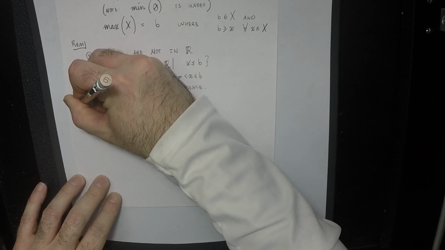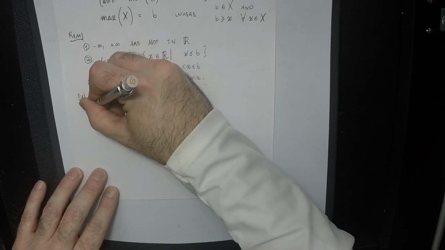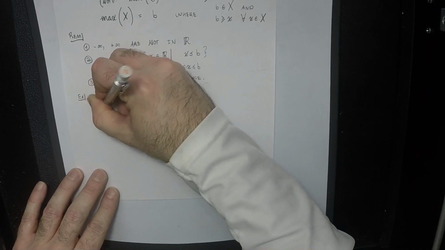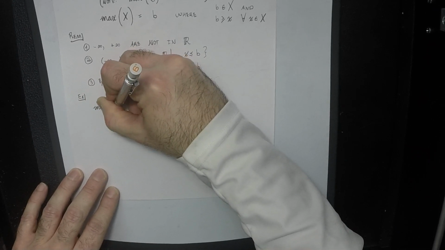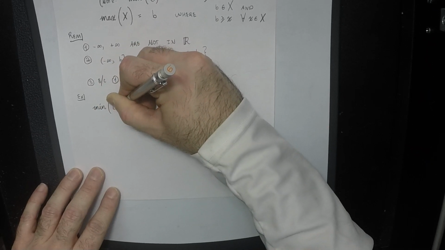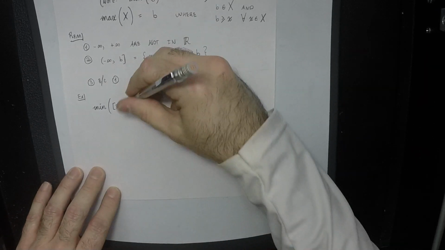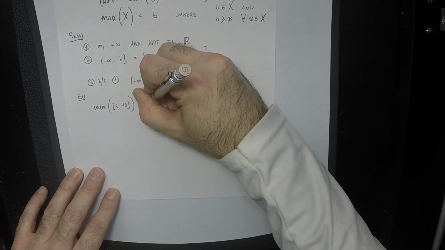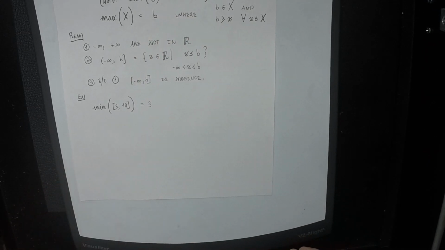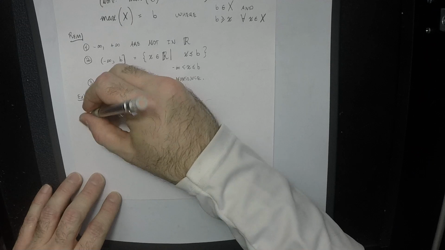Okay, so I have a question. What is the minimum of the interval, say, 3 to 10? 3. Not very difficult to imagine, I think. Well, how about this one?